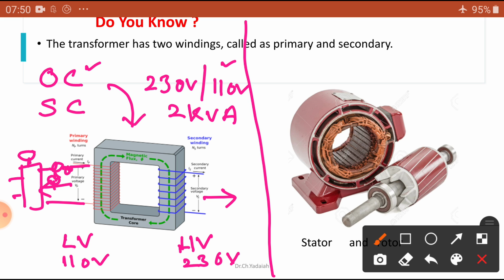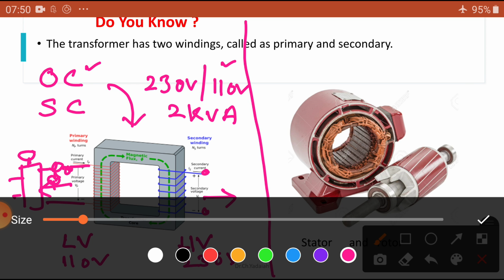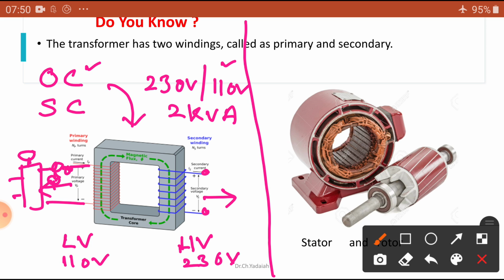Now, the secondary is open circuit. In this case, we are going to give the rated voltage. What is the rated voltage? 110 volts. Slowly vary the variac, and dear students, recall what we have done in the SC and OC test on the single phase transformer.